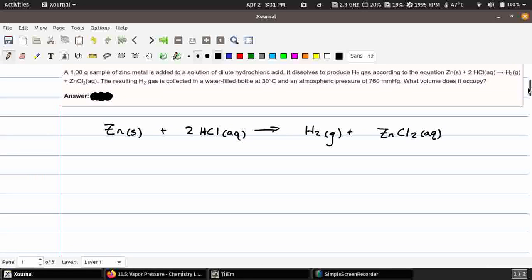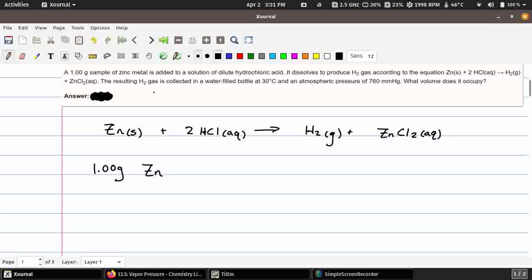All right, so let's calculate this. We have a 1 gram sample of zinc, and it's added to a dilute solution of hydrochloric acid. It dissolves to produce hydrogen gas according to this equation.